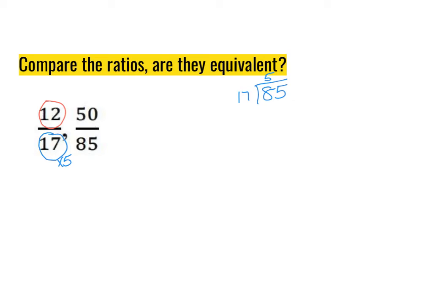So if 17 times 5 equals 85, in order for this ratio to be equivalent, then 12 times 5 has to equal 50. But I know that 12 times 5 equals 60, not 50. So this ratio is not equivalent.